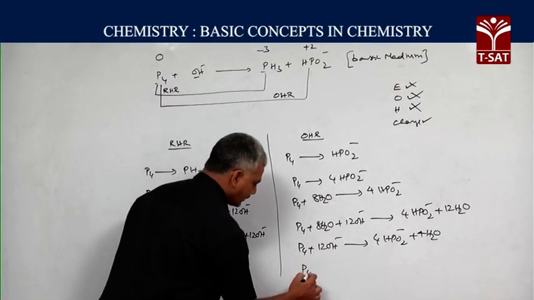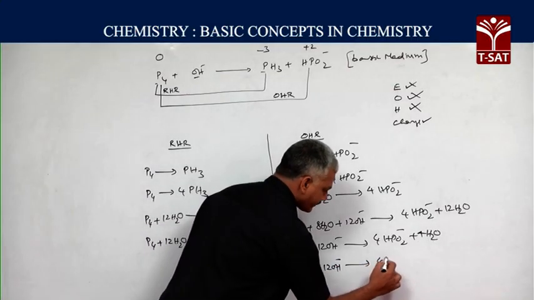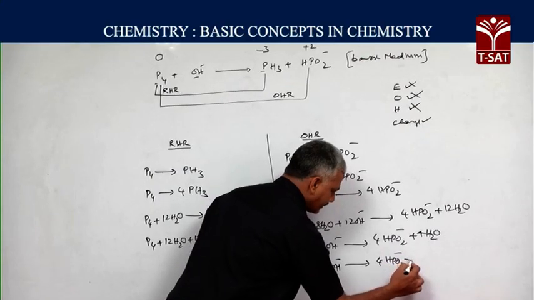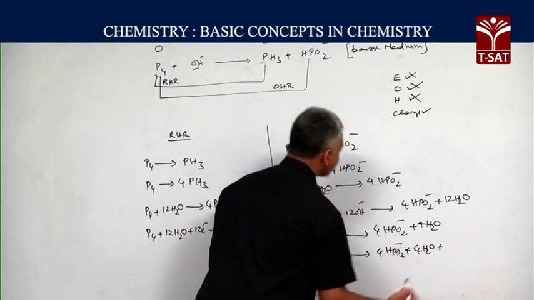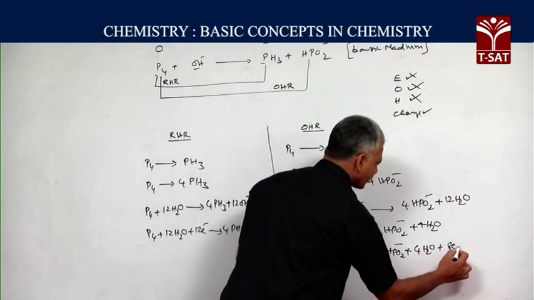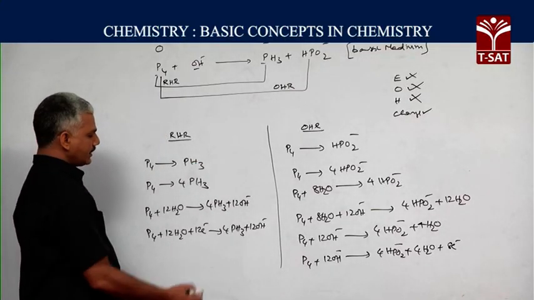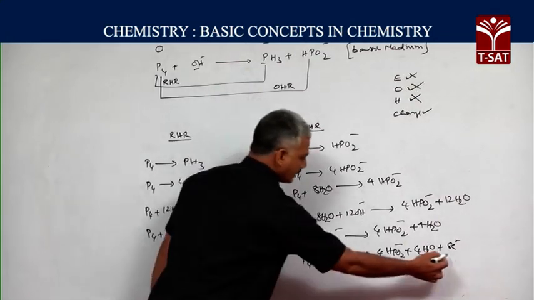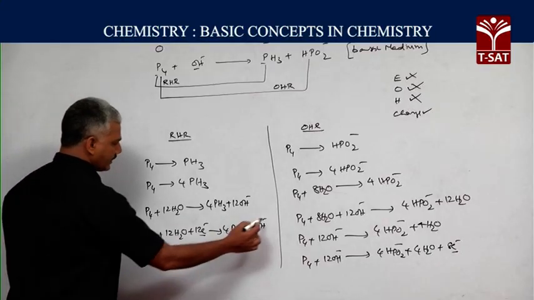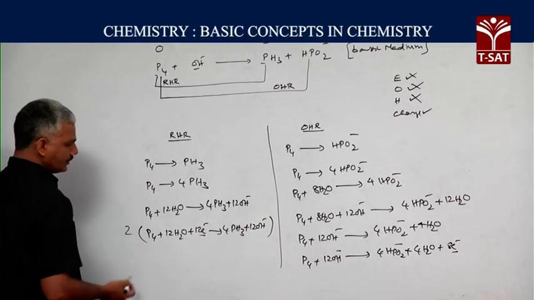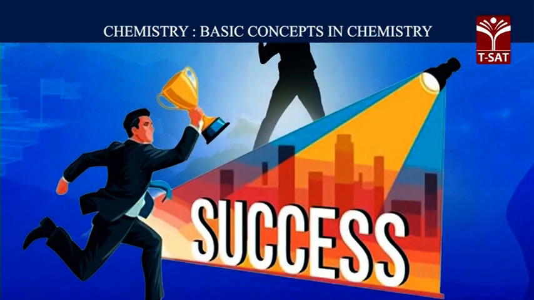So, as there are 4 atoms and the process involved is oxidation, the electrons are represented on product side. So, before adding the two half reactions, see that number of electrons are equal in both the half reactions. For that purpose, multiply this equation with 2, this equation with 3.